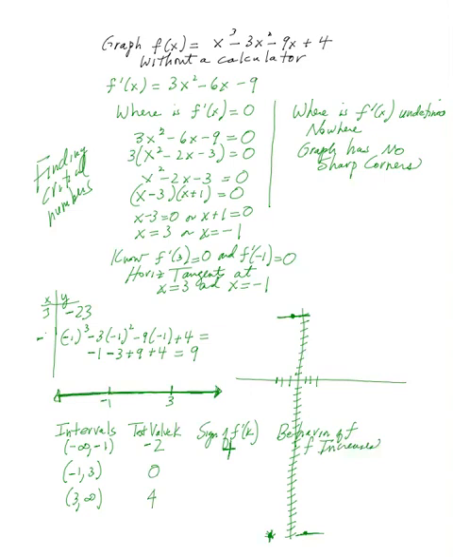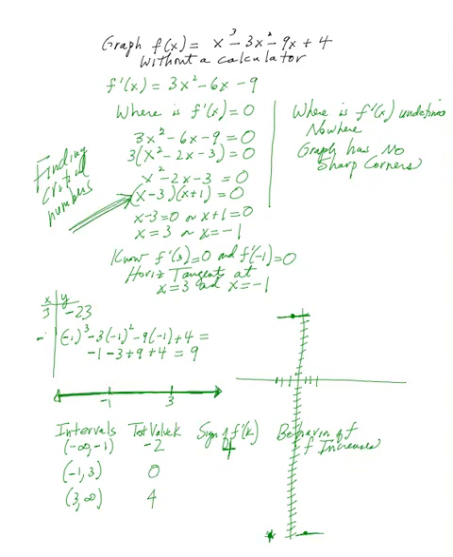Now, I really didn't have to do all the work to actually plug into the first derivative to get a value. Notice when you factor the first derivative, you get 3 times x minus 3 times x plus 1, right?